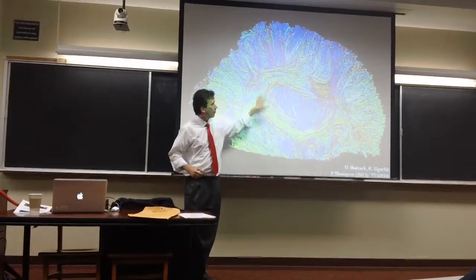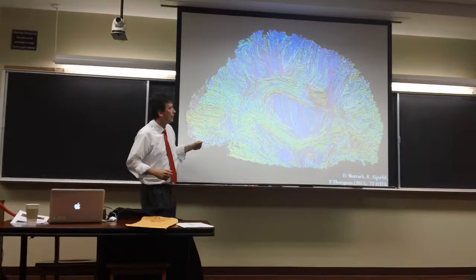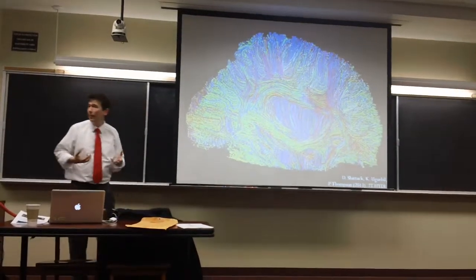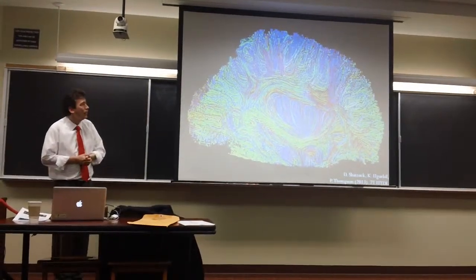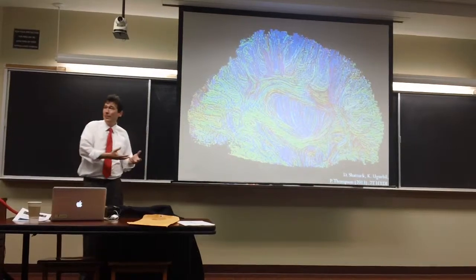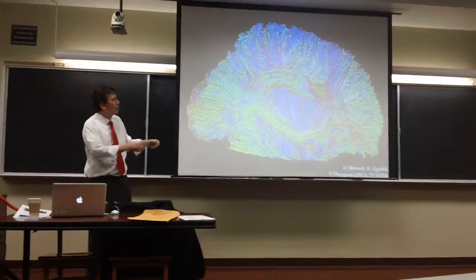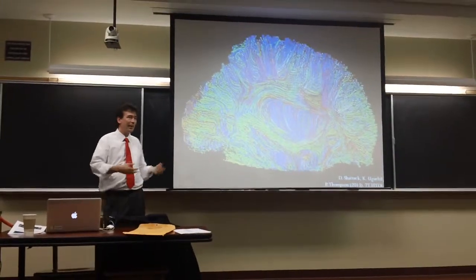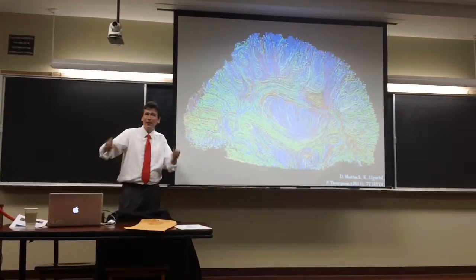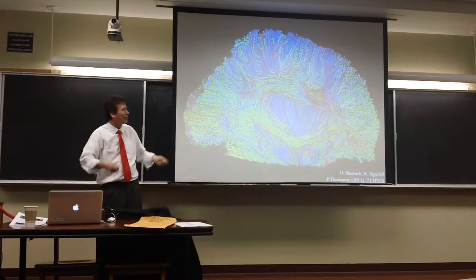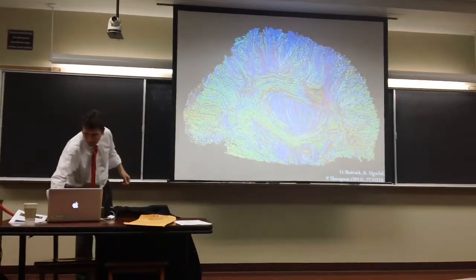And by connecting these up across a whole scan, and there are algorithms to do this, you can make an inference about what parts of the brain are connected to which other parts of the brain. Now, you don't know if it's correct. You don't have access to the post-mortem data. But at least in the cases where this has been validated, you can scan acrylic phantoms that have plastic fibers. It seems to get it right the majority of the time.